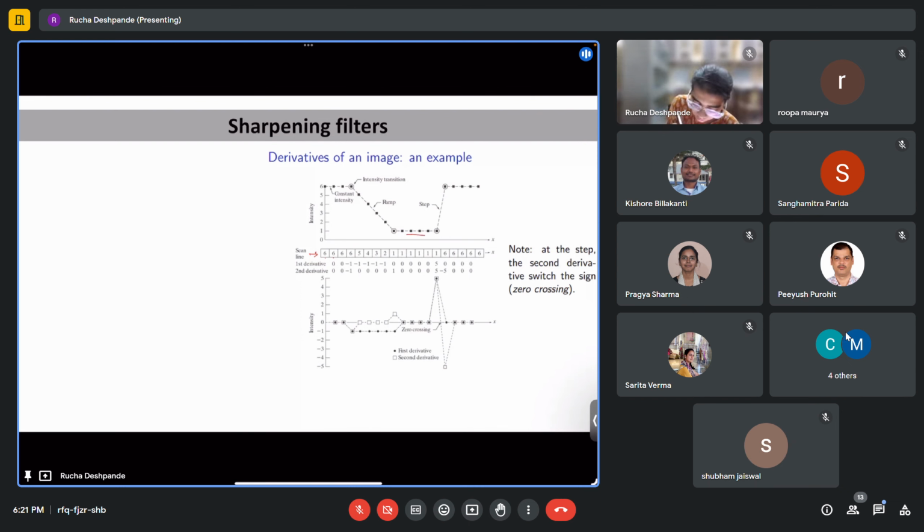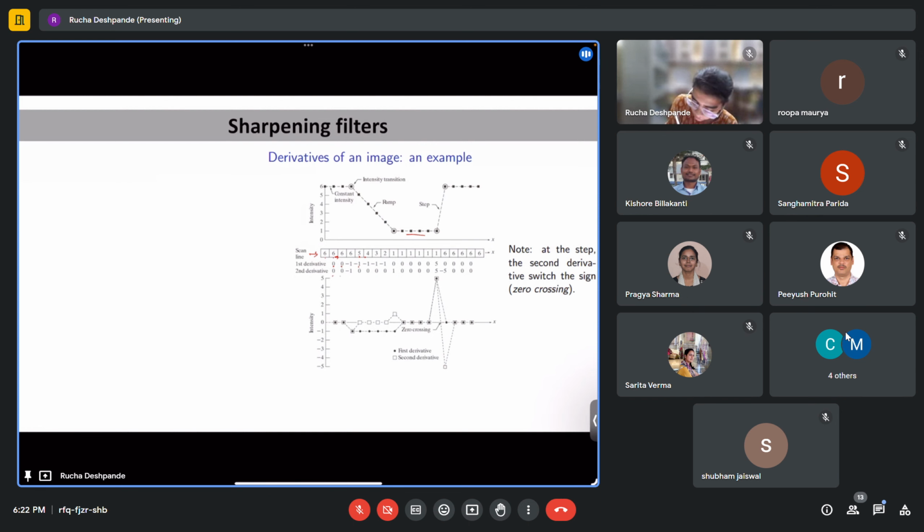For the first derivative, we check the intensity change between adjacent pixels. Here 6 to 6 is 0, then here again 0, then 6 to 5 is -1, then 5 to 4 is -1 again, and so on. So this is the first derivative, and then we calculate the second derivative, which is how the change is occurring in the first derivative.